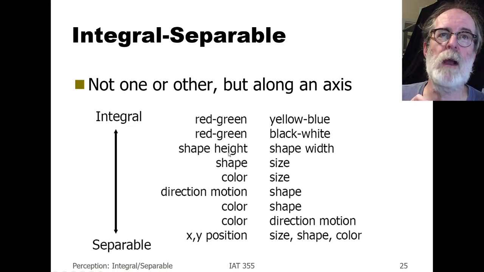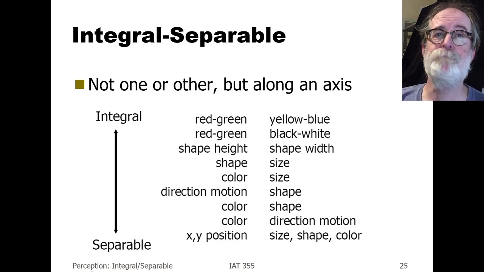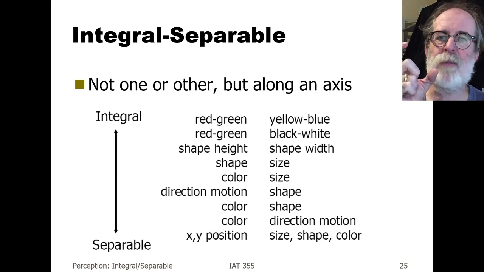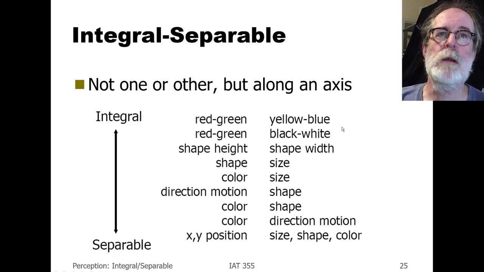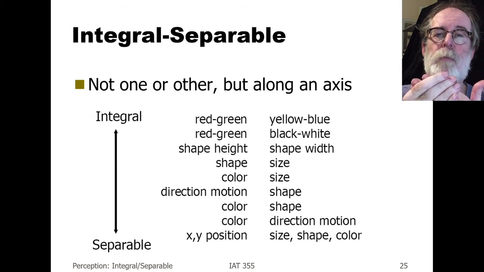But as we're going up this scale, we're getting closer and closer to things that are integral. So the classic suite of integral things is if you try to mix, say, a value by picking off a line in the CIE diagram or just turning a knob on red to green, and you mix that with some other color that is yellow mixed with blue, and you just add those two colors together to get some composite color, those things end up being viewed as an item of the resulting composite color.